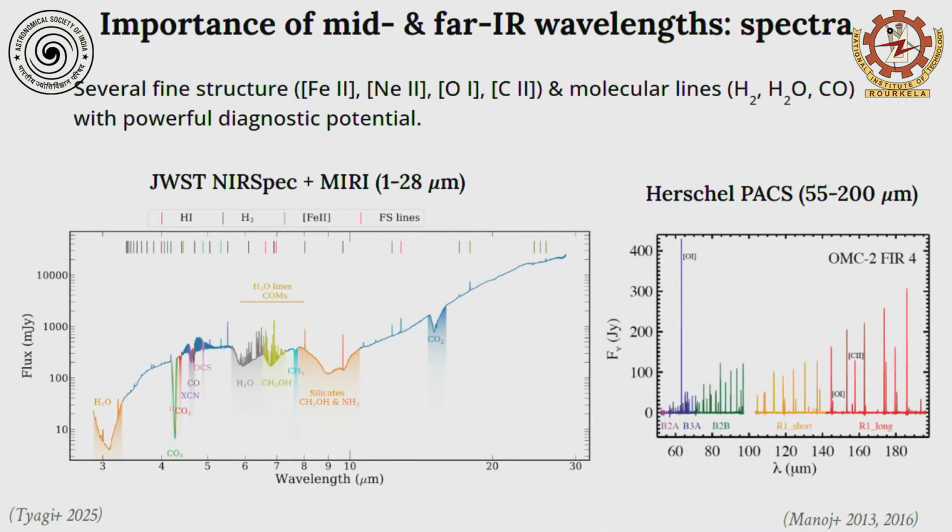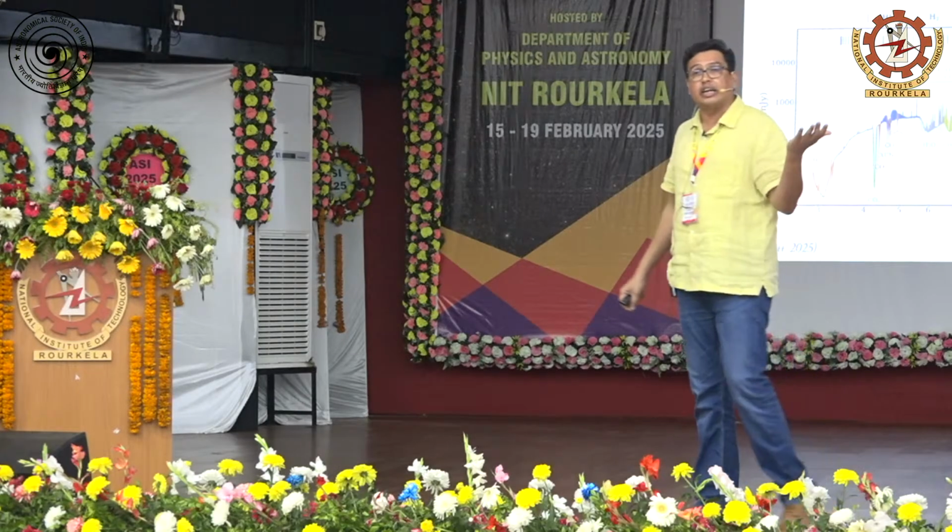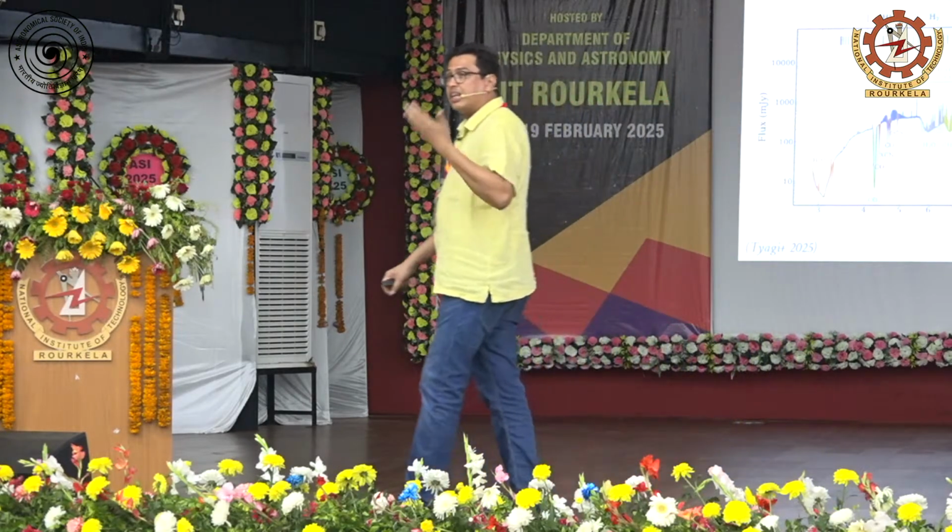These three space missions that I am talking about are mid-infrared and far-infrared missions. So why do we need mid-infrared and far-infrared to study star formation? See, young stars are deeply embedded. For example, for protostars, the line of sight extinction AV in V magnitude can be several hundred magnitudes, and they are not even visible in the near infrared.